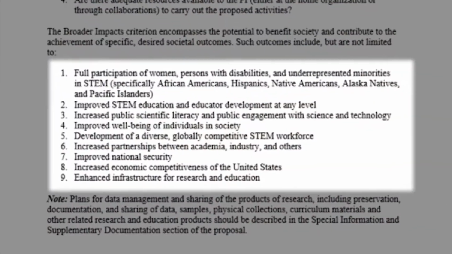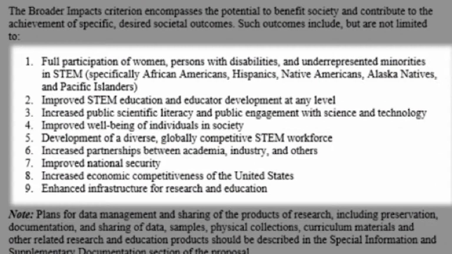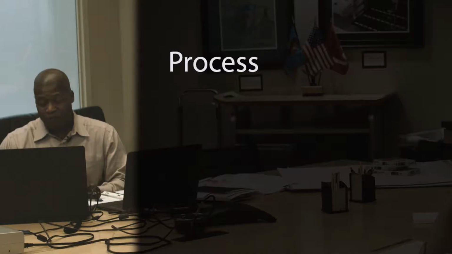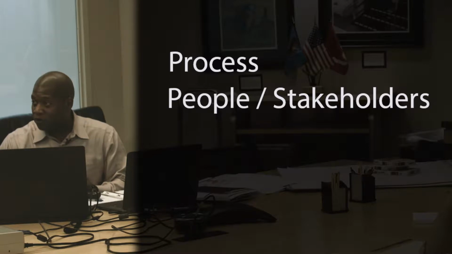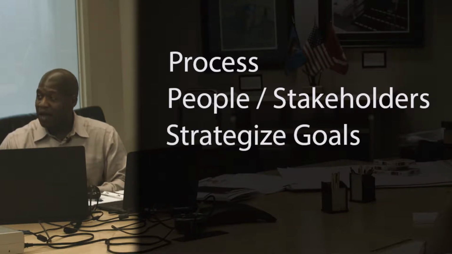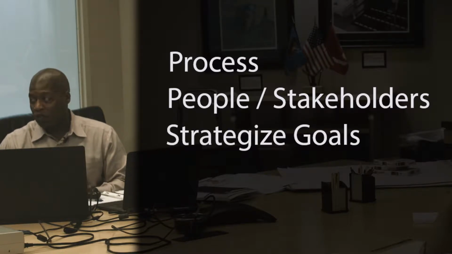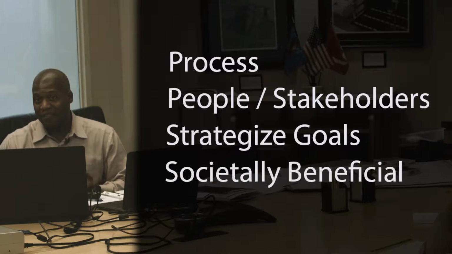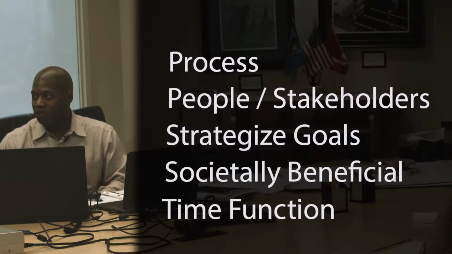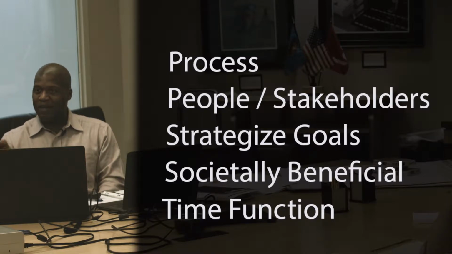Now, which specific desired societal outcomes is something that we begin to think about in terms of NSF, and we begin to look at those 1 through 9. But when we globally look at talking about broader impacts, we really can say that it's a process. We're going to have to deal with people or stakeholders. We're going to have to think about how we can strategically get to a certain goal. It's something that's society beneficial, and it's got to have a time function, which is the difference between impact and broader impact.